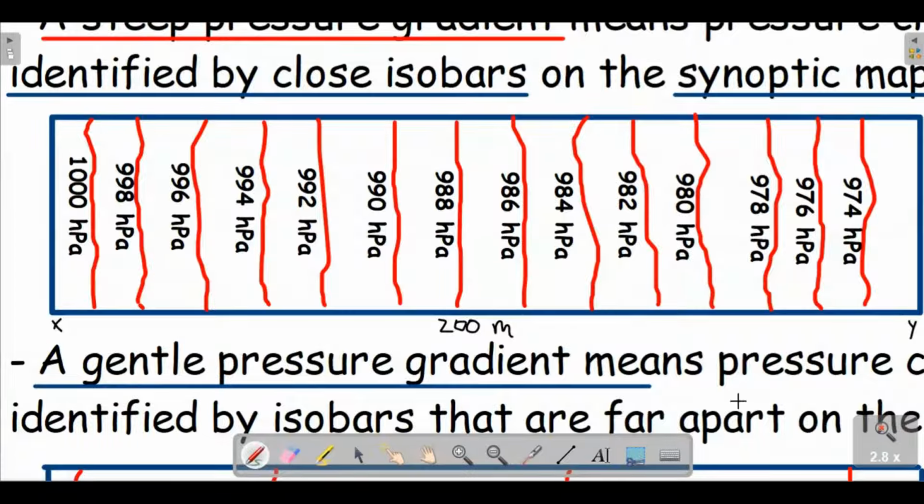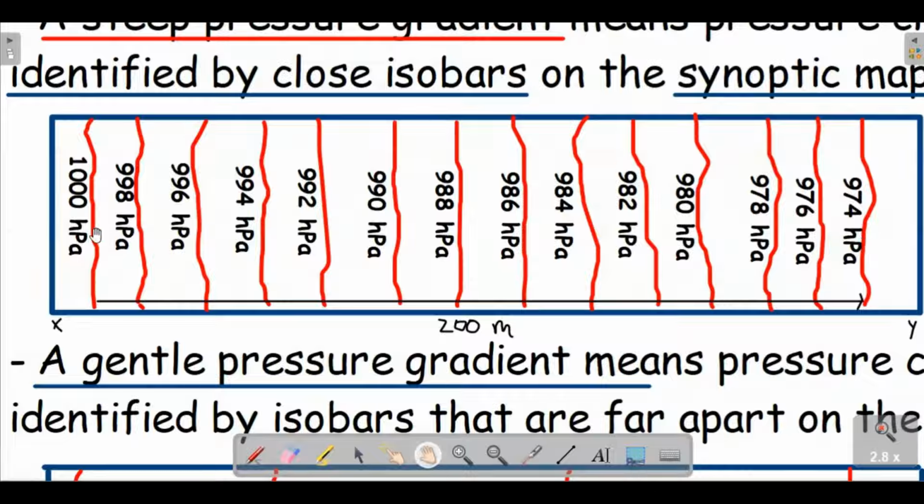And in this 200 meters, we went from 1,000 hectopascals all the way to 974 hectopascals.